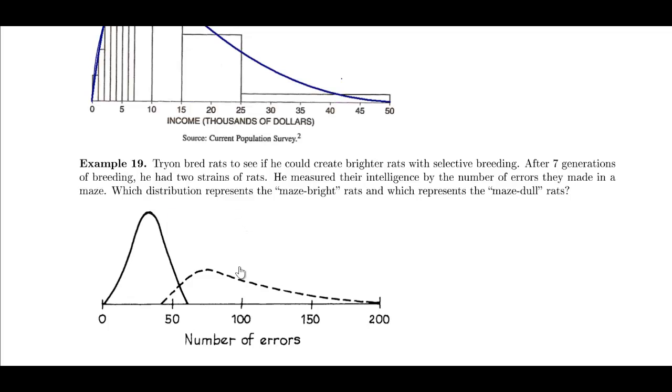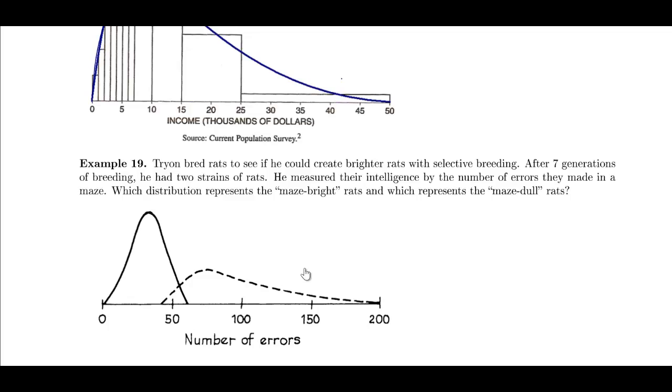And just kind of for fun, Tryon bred rats to see if you could create brighter rats with selective breeding. After 7 generations of breeding, he had 2 strains of rats. He measured their intelligence by the number of errors they made in a maze. So which distribution do you think represents the maze bright rats and which represents the maze dull rats? So remember, the number of errors, the brighter rats make less errors.